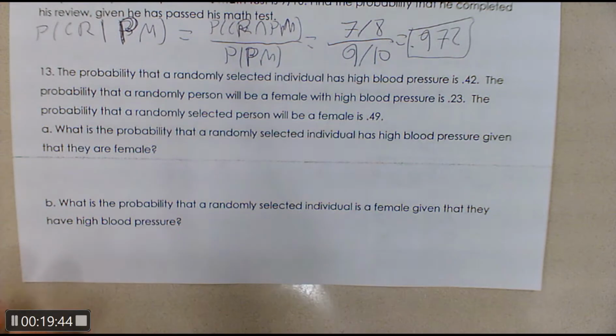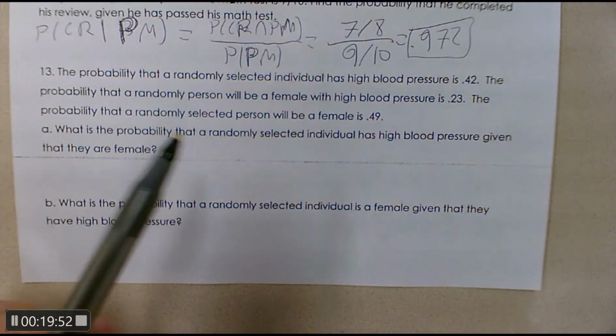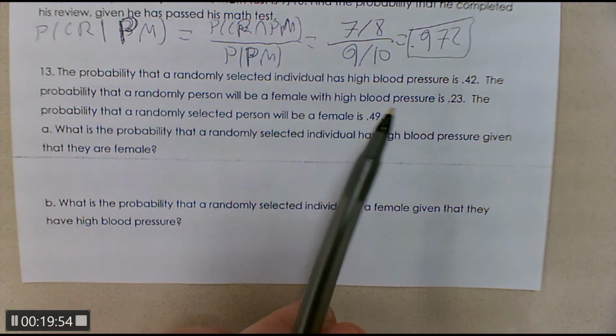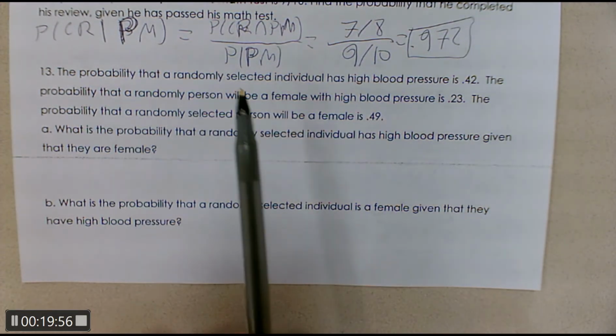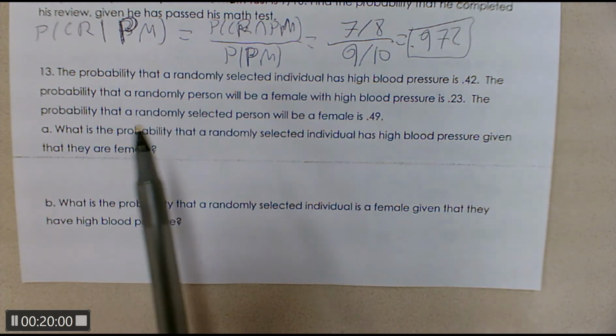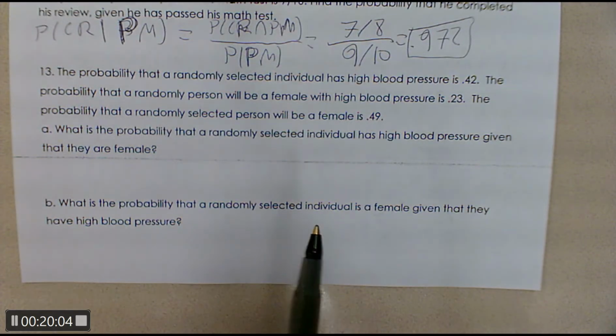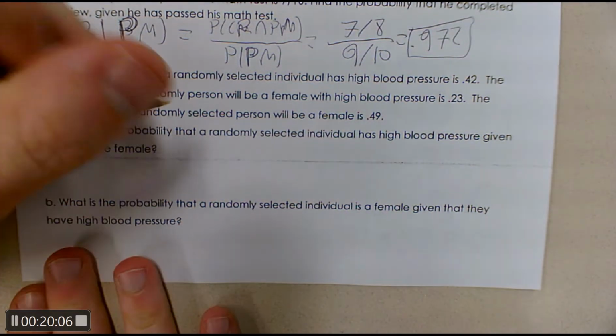Alright. So we're looking at high blood pressure in females. The probability that a randomly selected female registered in the village has high blood pressure is 0.42. The probability that a randomly selected person would be a female with high blood pressure is 0.23. The probability a randomly selected person would be female is 0.49. What's the probability that a randomly selected female has high blood pressure?